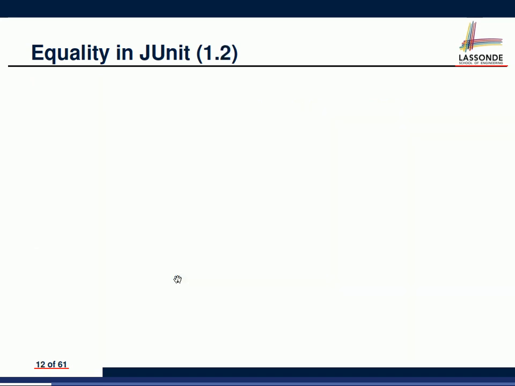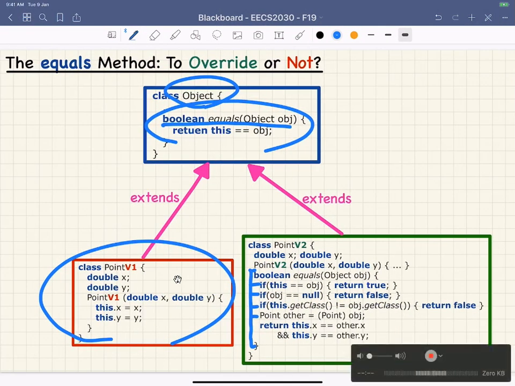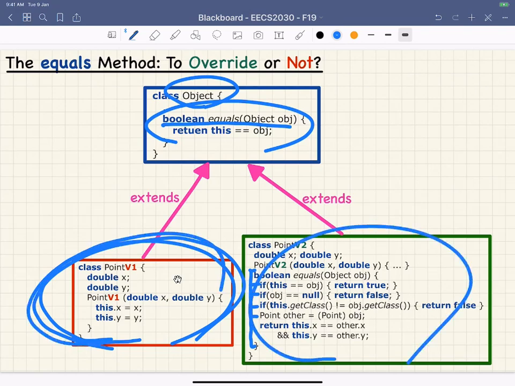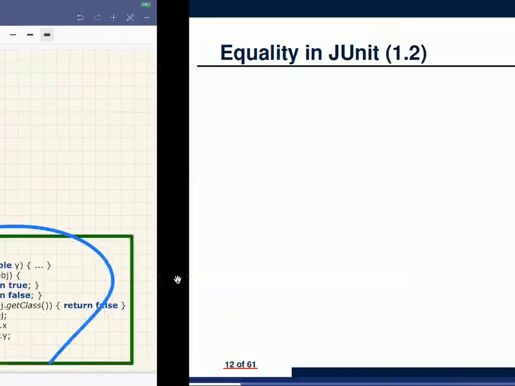Now, the other two cases are a little bit trickier, but they correspond to the diagram I talked about. Either you don't have the equals method overridden in your class, or you have it. Either case, let's talk about the two cases, and I'll give you a little taste of what you can write, and then we'll explain each one in detail.